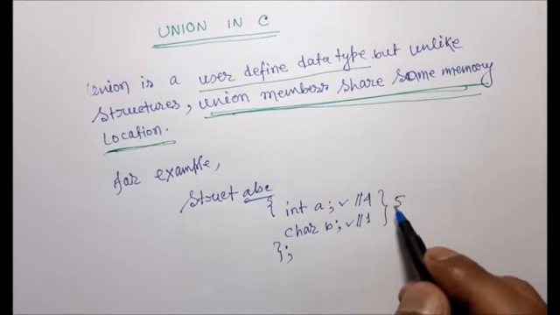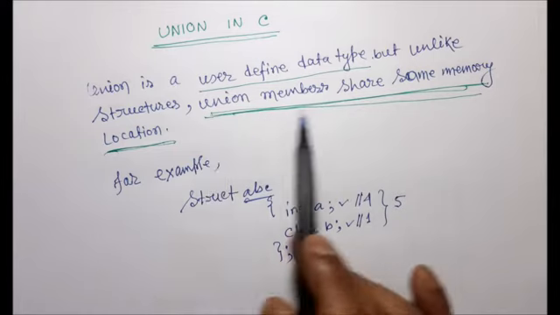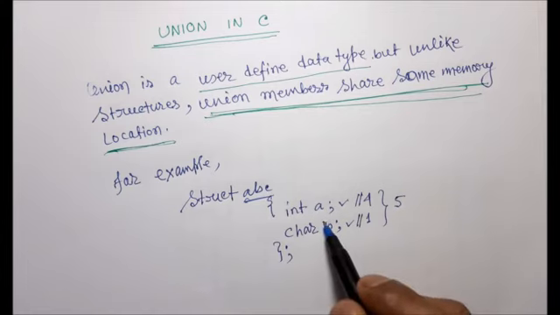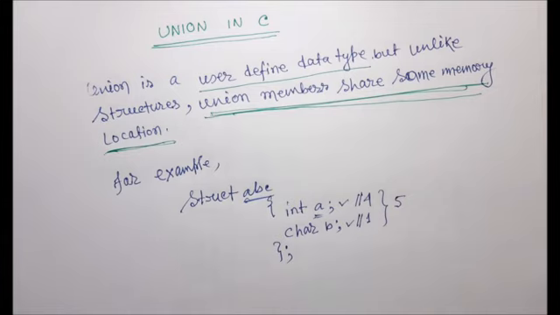Now, since I am discussing the union, the concept is that union members share the same memory location. So instead of the size, I am checking the address of these variables. Let's say in my system, I got the address of A by using programming.